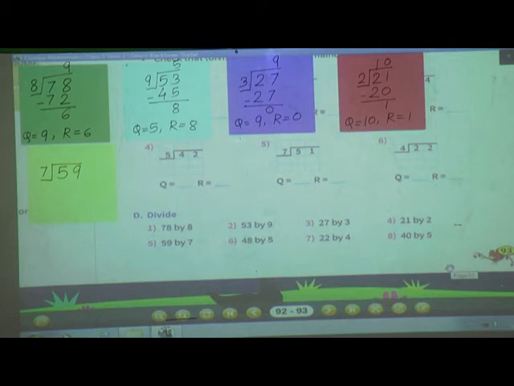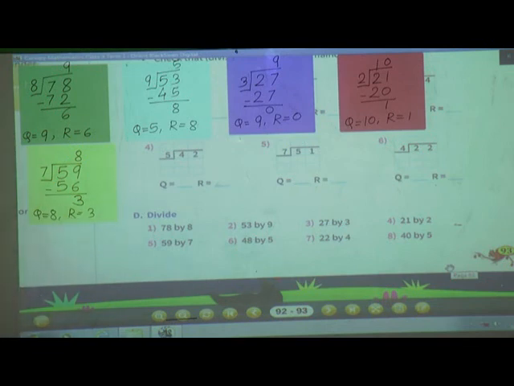Yes, 56 is there. 7 8s are 56. Then 59 minus 56. 9 minus 6, 3. 5 minus 5, 0. So what is the quotient? Here 8 is the quotient and remainder is 3. So write here Q is equal to 8 and R is equal to 3.